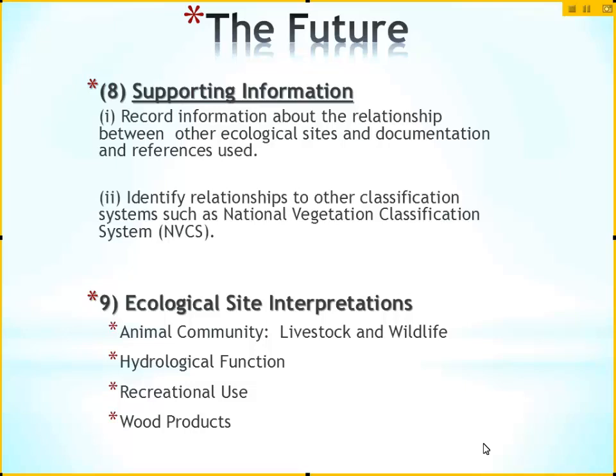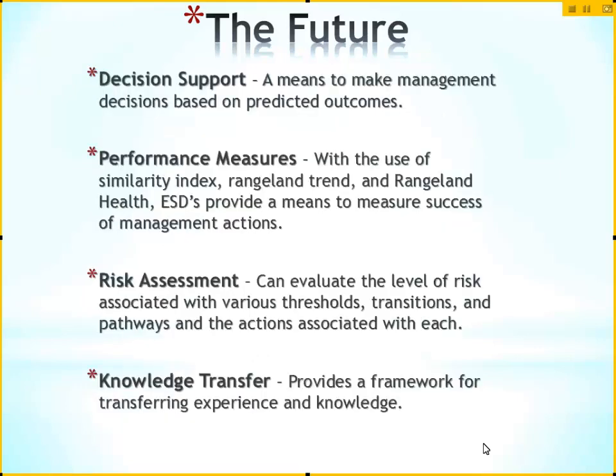And so there's a lot of information in there. But basically what I think I was told is that the names of the plant communities and states need to be associated somehow with the plant communities that are housed in this national vegetation classification system. So, yeah, that should be interesting.